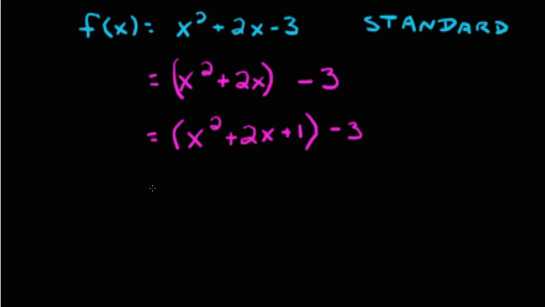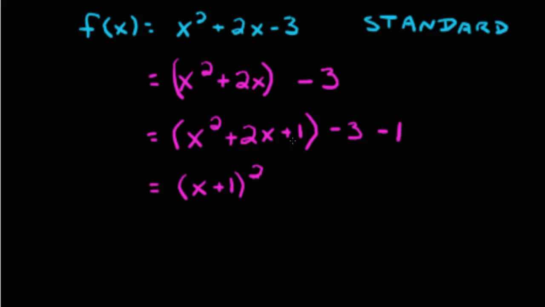All right. So now we can express this term inside the parentheses as a square term. That's x plus 1 squared. But since we added 1 here, we also have to add the opposite of that here to make sure that we don't change the value of our equation.